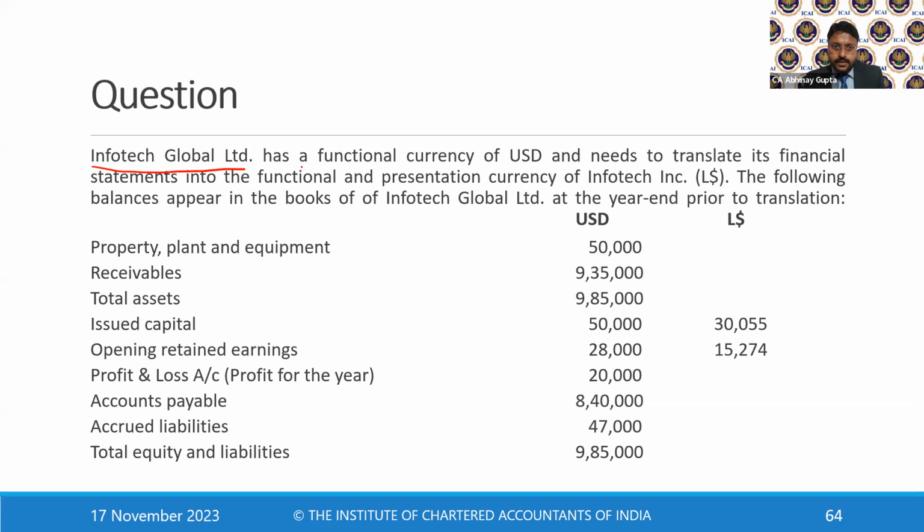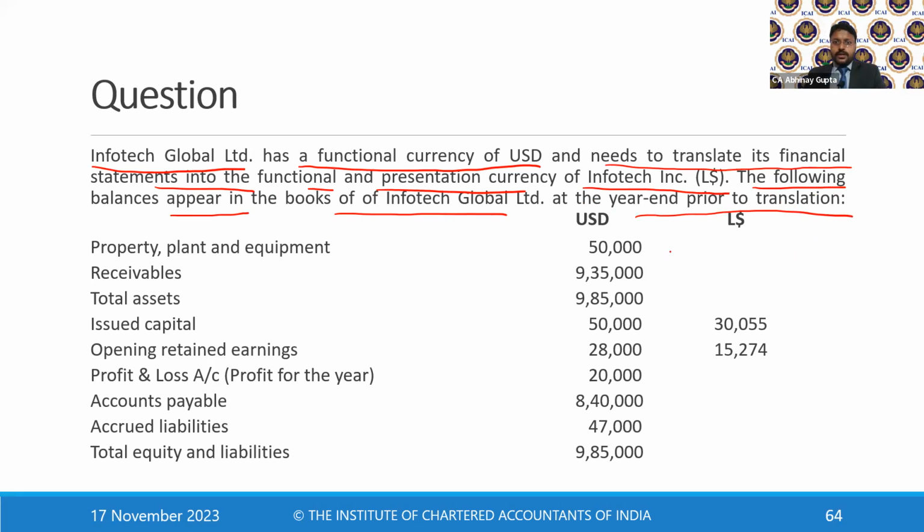Infotech Global Limited has a functional currency of USD and needs to translate its financial statements into the functional and presentation currency of Infotech INC, the L dollar. Okay. The following balances appear in the books of Infotech Global Limited at the year end prior to the translation.